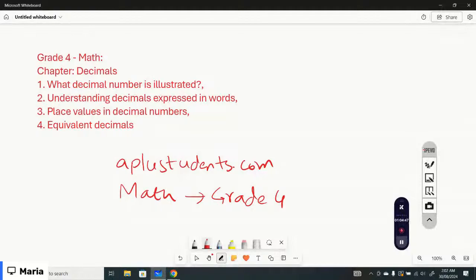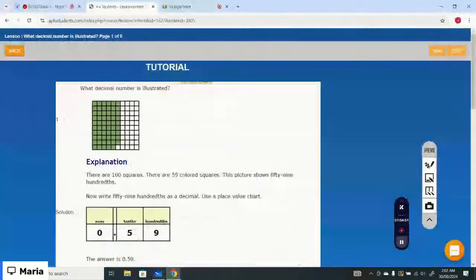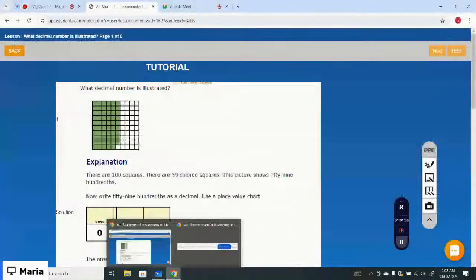So here I'm on grade 4 math. We are going to start with the lesson that is what decimal number is illustrated.